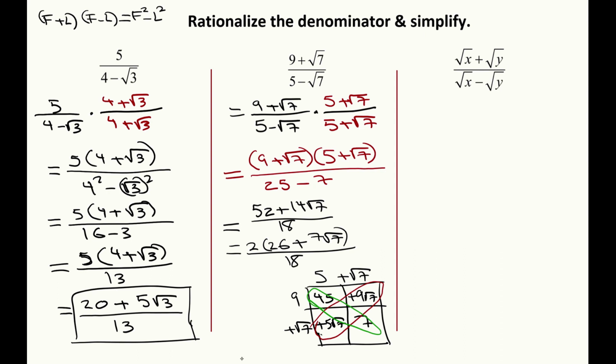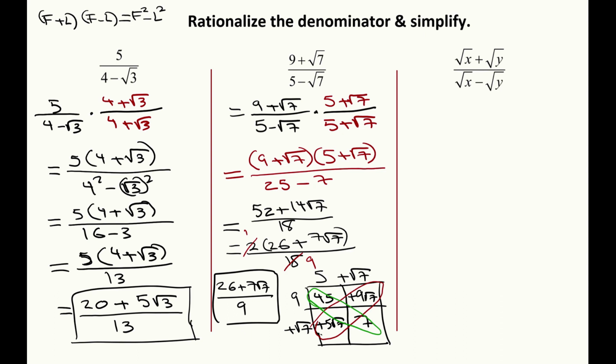And it's a good thing that we cut that, because now we can reduce these to 1 and 9, and we can finally write our final answer, which is going to be 26 plus 7 radical 7 over 9. And then we can box it, because there's nothing else we can do. All right, so that's a nice problem. Make sure you understand it.